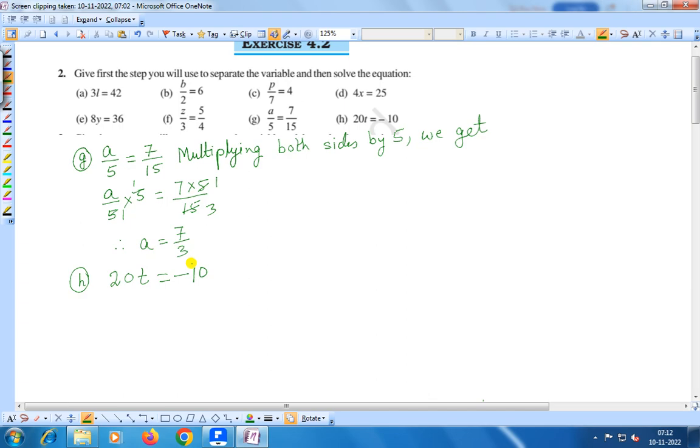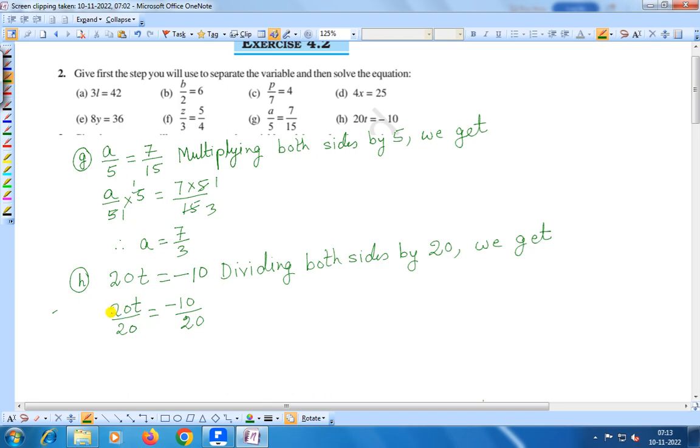If we divide both sides by 20, we get 20t by 20 is equal to minus 10 by 20.